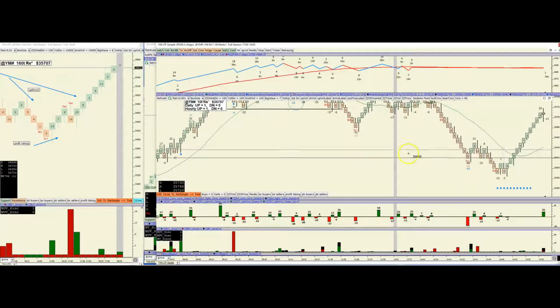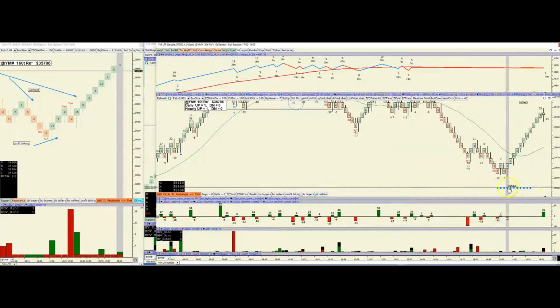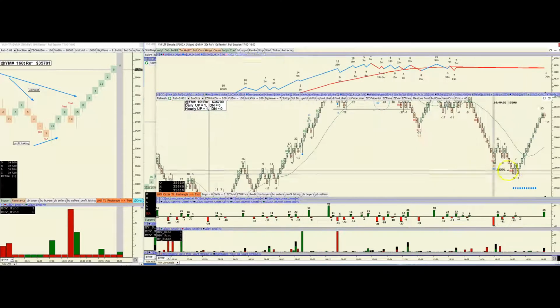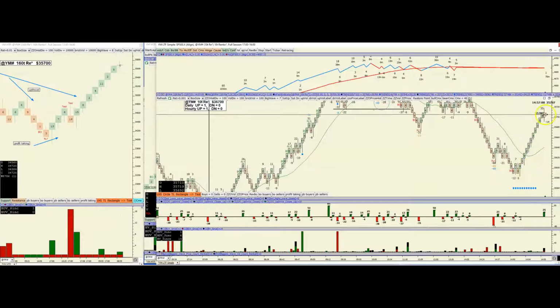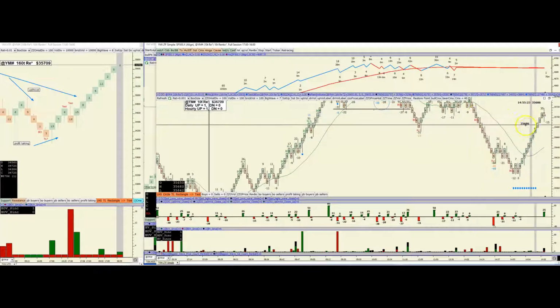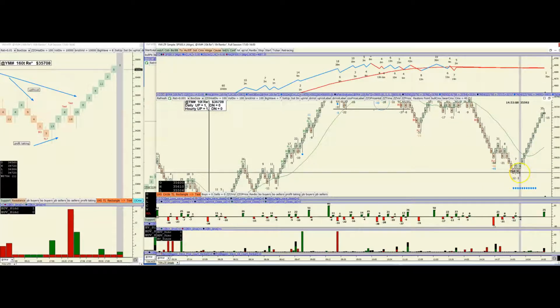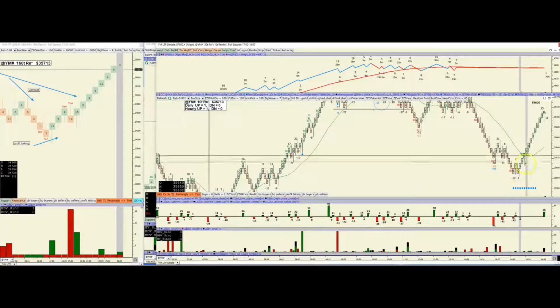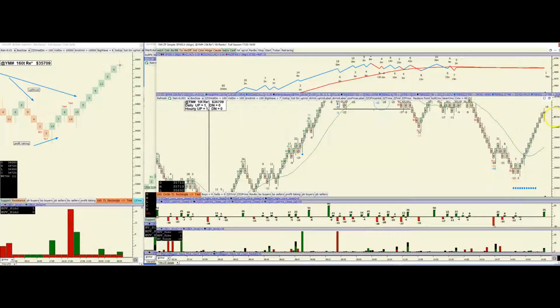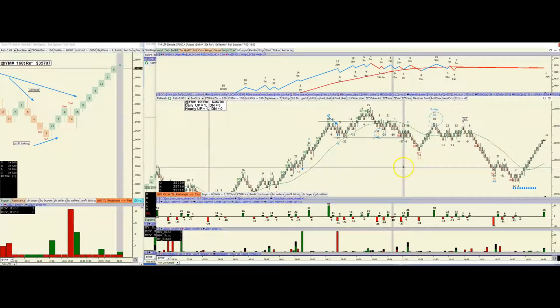Yeah, this area, this level here is a test. That's why it has those arrows. And there's a lot of buying occurring. Now, is that to test this breakdown? I don't know, but that's where you would expect the market to rally, and it is. So that's a very bullish sign. Anyway, not getting into that.